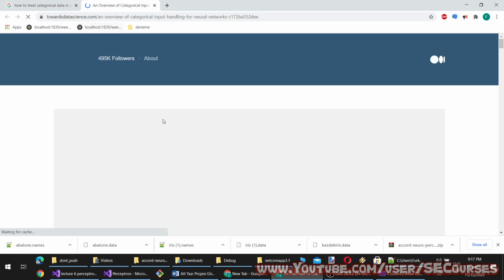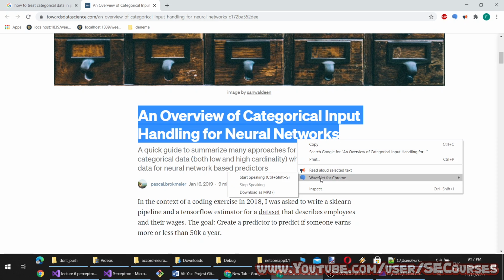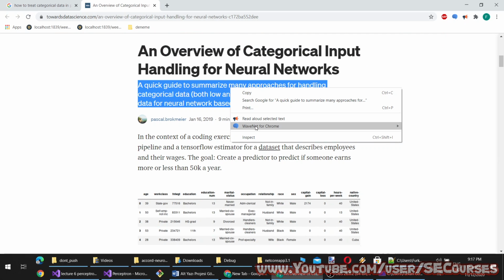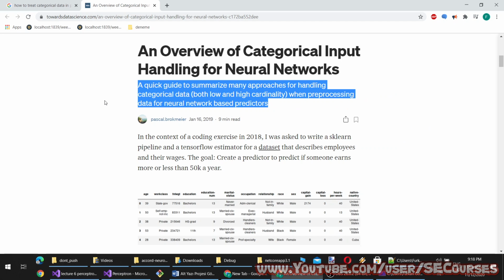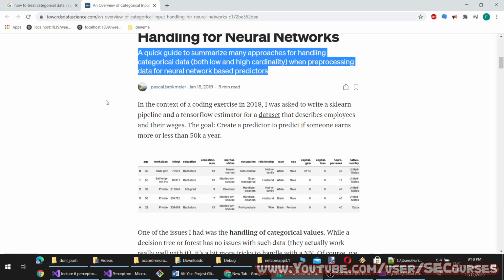Okay, you see, this is exactly what I'm looking for: an overview of categorical input handling for neural networks. A quick guide to summarize many approaches for handling categorical data, both low and high cardinality, when pre-processing data for neural network-based predictors.